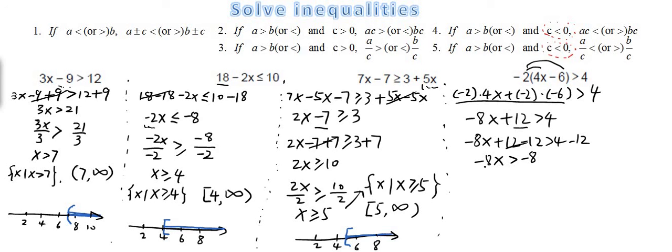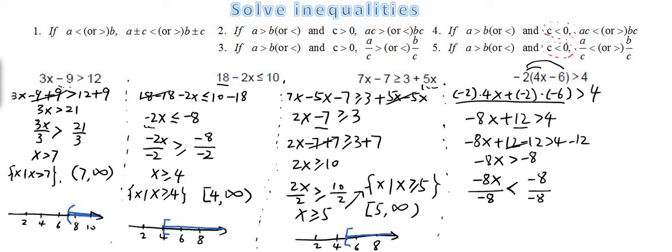Okay, now here we have negative 8x is greater than negative 8. We need to divide by negative 8 for both sides. Because we divide by a negative number, that means we need to change the sign of inequality to the opposite one.